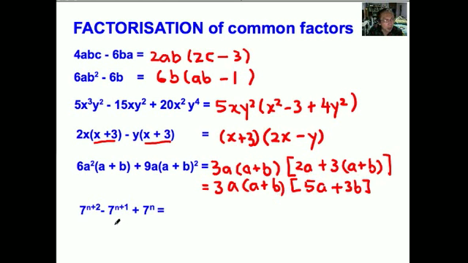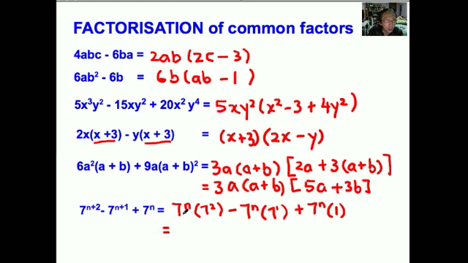In the last example, we have a common factor of 7 to the power of n. We rewrite this as 7^n times 7 squared minus 7^n times 7 to the power of 1. And finally, we have 7 to the power of n times 1.